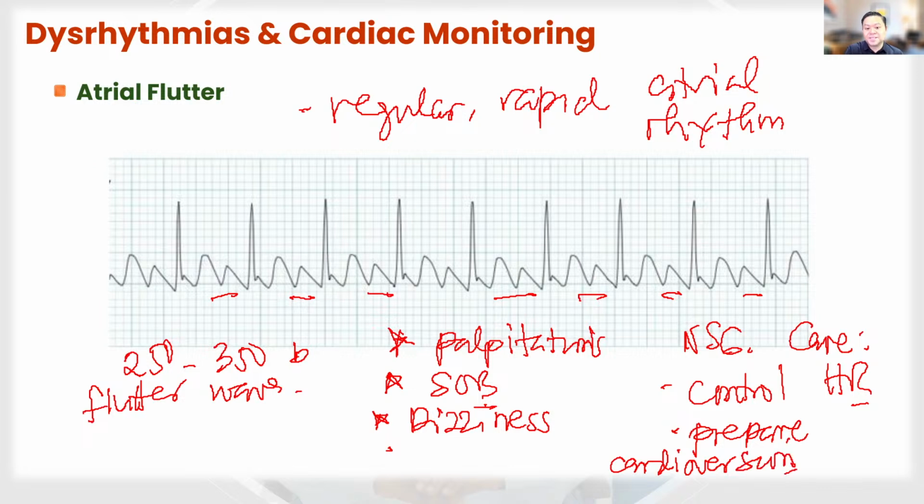And in some cases, the patient will probably need to have catheter ablation as well in order to eliminate the abnormal electrical pathways causing the atrial flutter. Again, our patient's rate will be so rapid, they're going to end up with the bounding chest pulse, palpitation, shortness of breath, dizziness, and we want to control that rapid heart rhythm. We probably would prepare them to have a cardioversion or ablation.